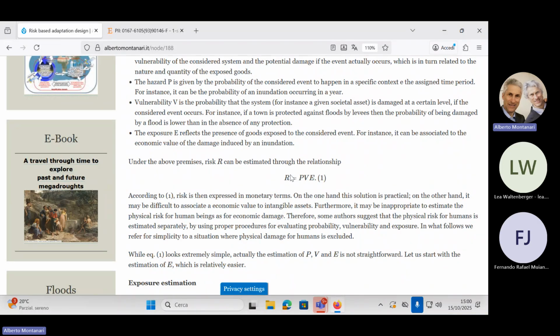There are some contributions which suggest not to put everything together because they believe, and this is reasonable, that when life is at risk, the design procedures should be different from the situation where only money is at risk. Indeed, this is true. As an engineer, you realize that if the risk is money, it is one thing. If the risk is human life, it is a different story.